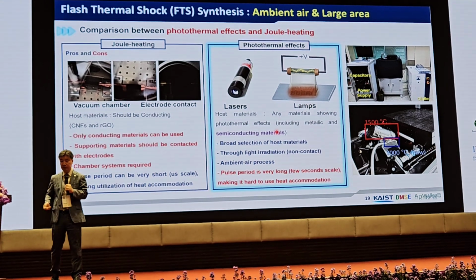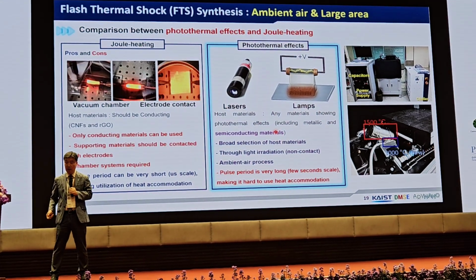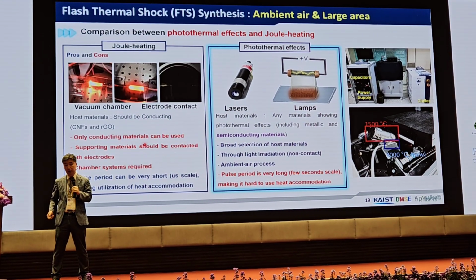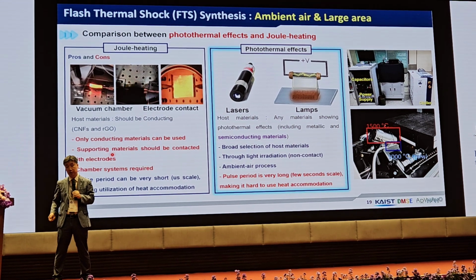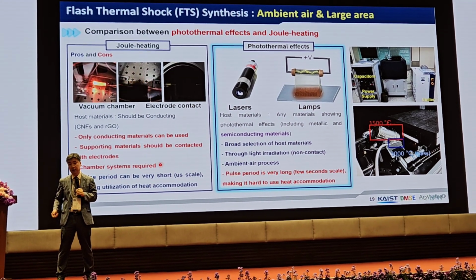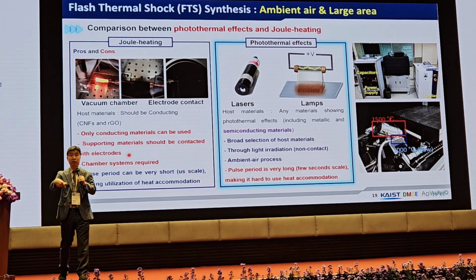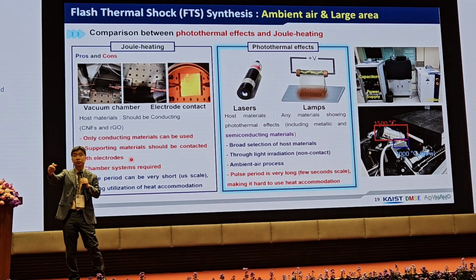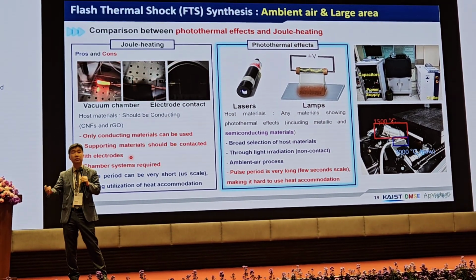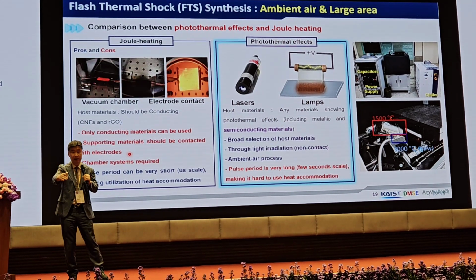As I mentioned, the left side is Joule heating, so only conducting material can be used, and also the supporting materials should be connected with the electrode, right? And sometimes a chamber system is required because this is really high temperature, and carbon might be oxidized, right?